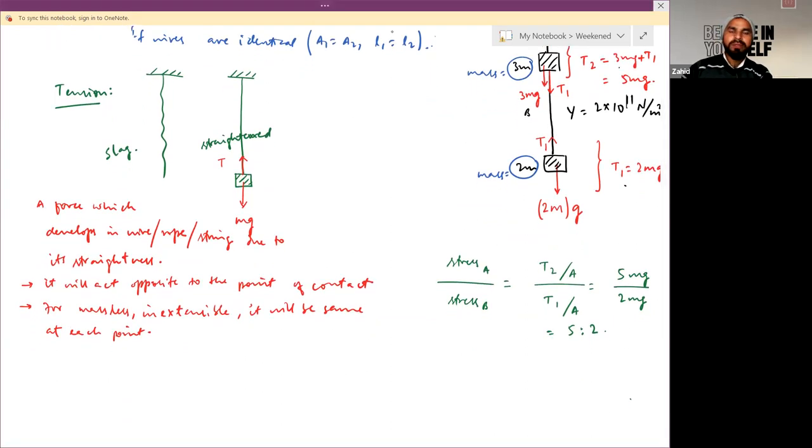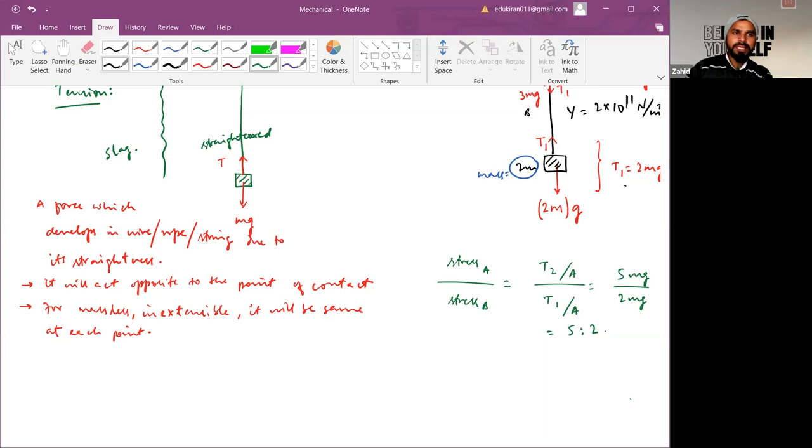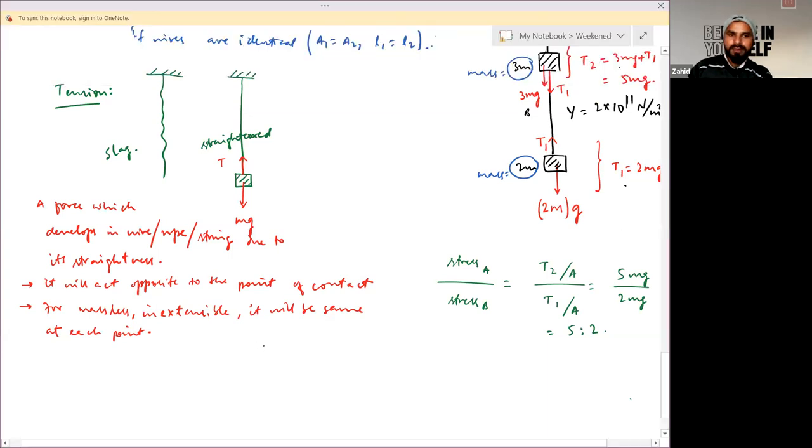In this part, to solve for the ratio of strain, as we know, Young's modulus is equal to stress developed divided by strain. So strain will be equal to stress divided by Young's modulus.